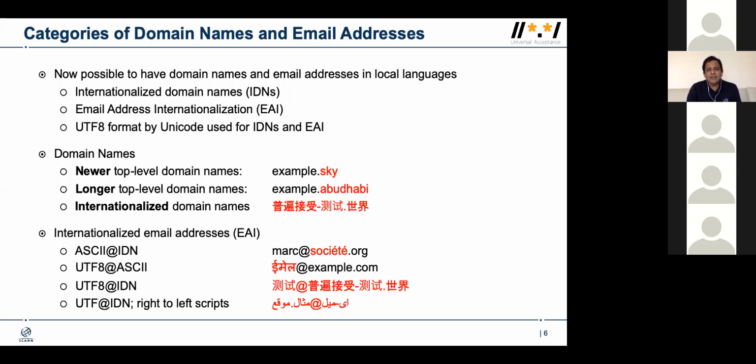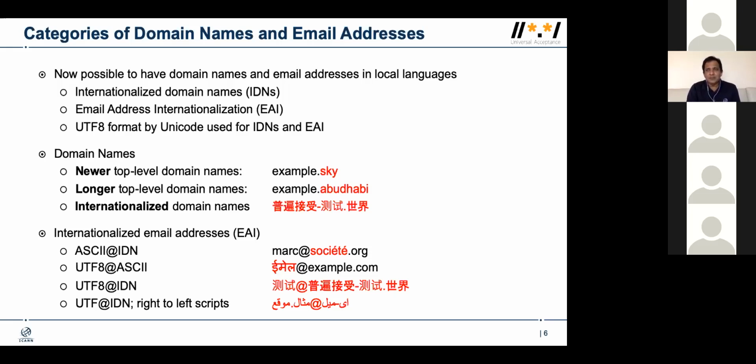Now, when it comes to domain names, traditionally we have been using TLDs with 3 characters, like .com, .net and .edu and so on. These were generic top-level domains. But from the year 2000 or so, we had domains like .info, so more than 3 characters. And then in more recent times, there have been new generic top-level domains as well.